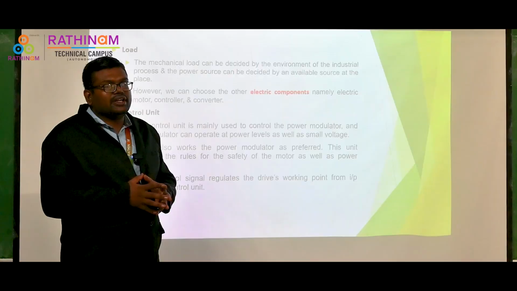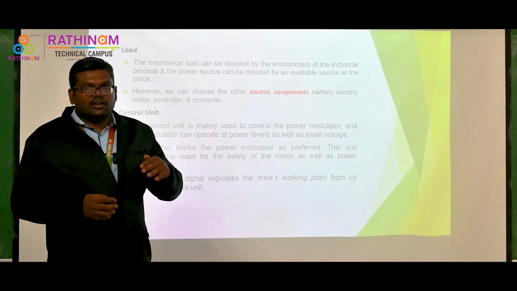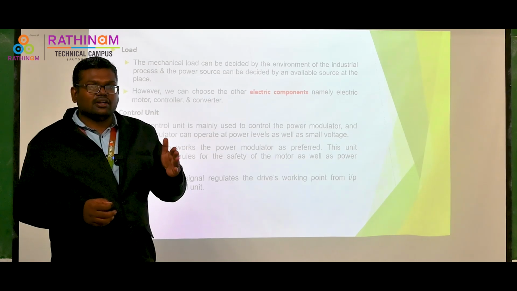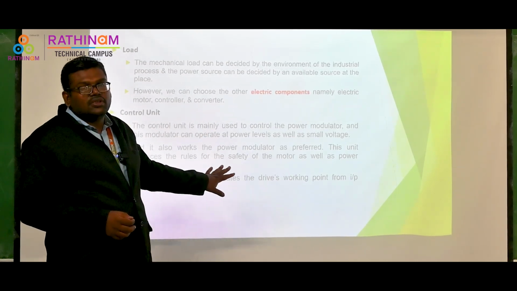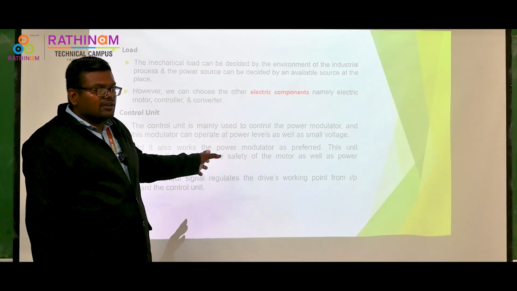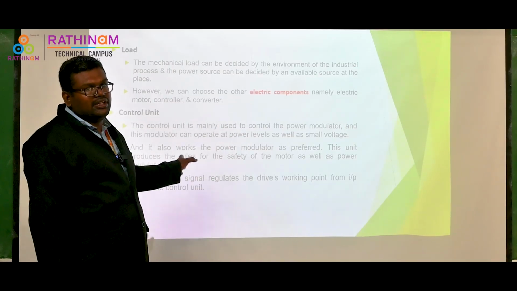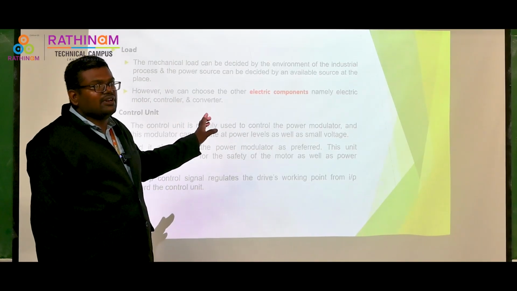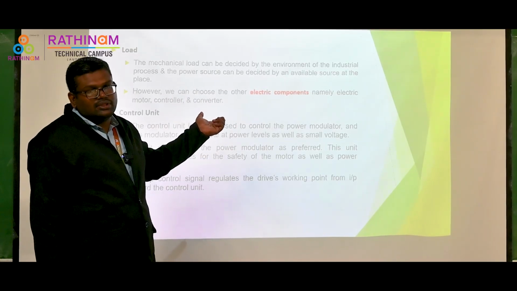So the control unit is the unit which controls the output as well as the input. The overall system works on the concept of a control system where the feedback is taken and given to the control unit, where the control unit will adjust the current as well as voltage.